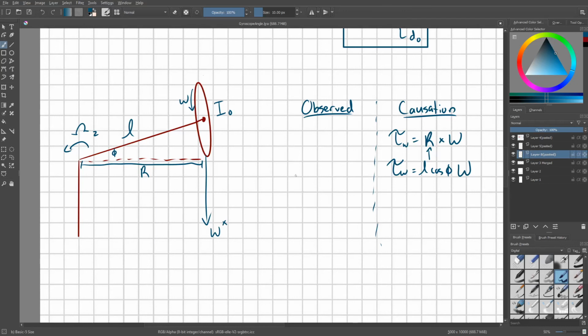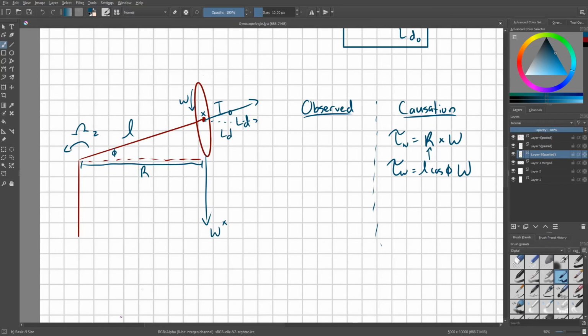Now, our observation: if this is our L_D in this diagram, this torque, which goes into the page, only edits the horizontal component of this L_D.